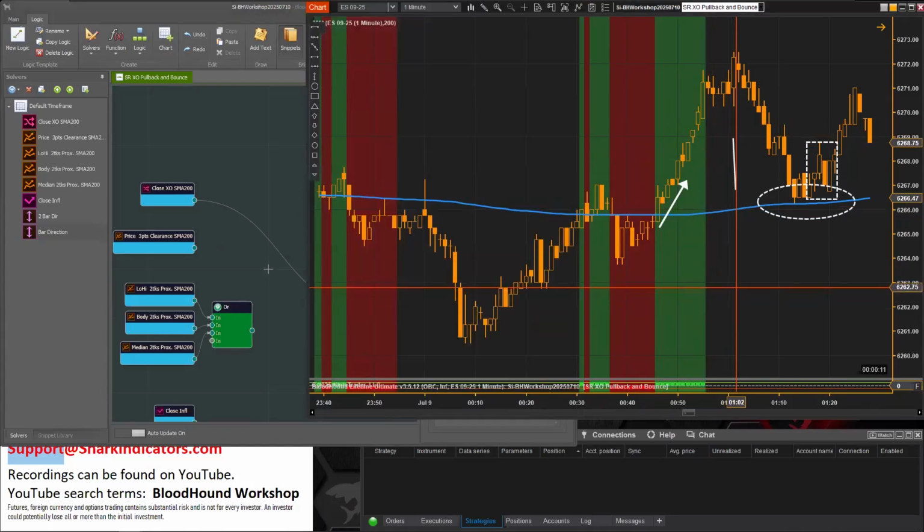Right. So the advantage here is, for example, we have a cross up, and then we have a cross down, right? So the long output turns off, and now the short output turns on. But then it crosses up again. So now we have a long output as long as the closing price stays above our SMA.